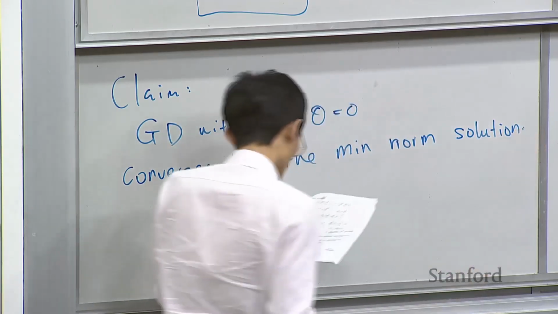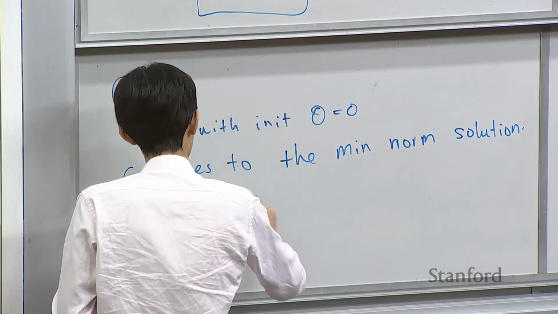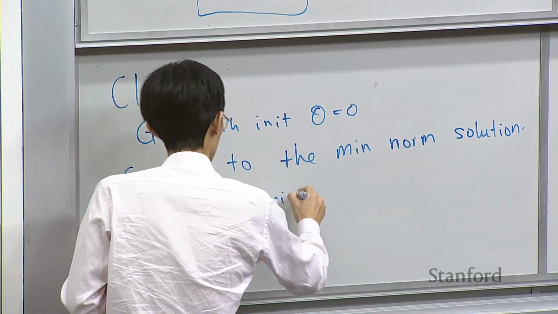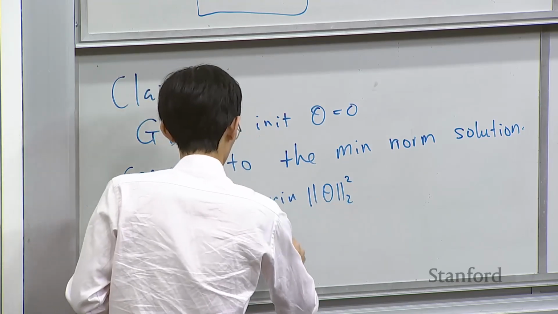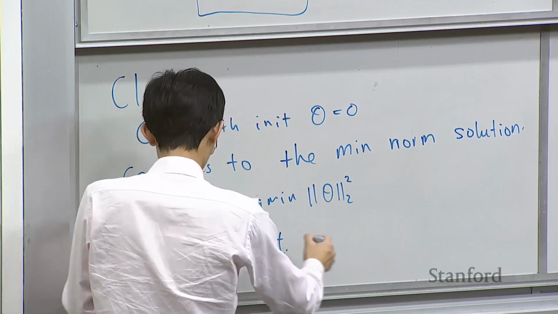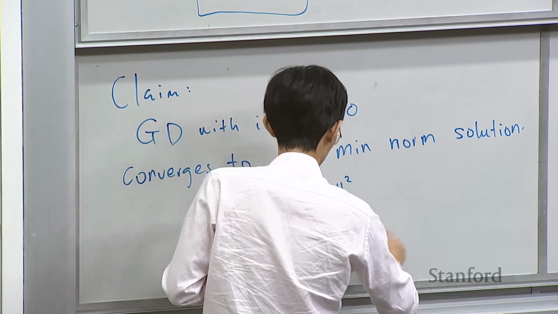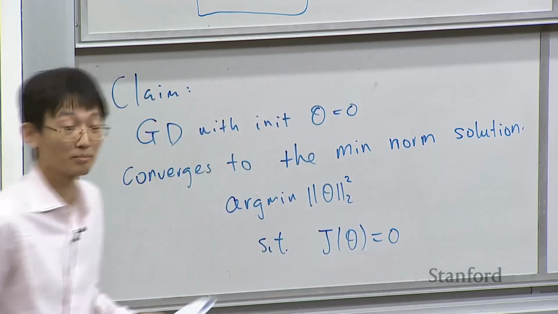Formally, it means that you converge to the solution with the smallest L2 norm among those solutions that are global minima of the loss function.